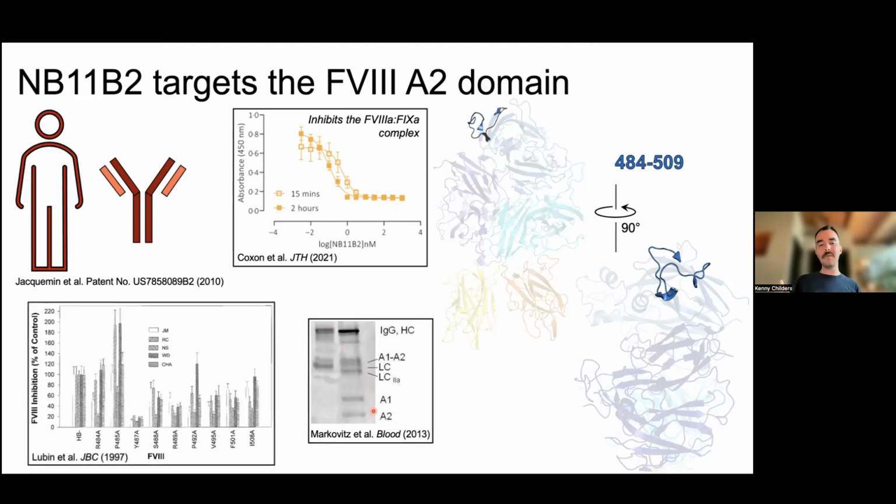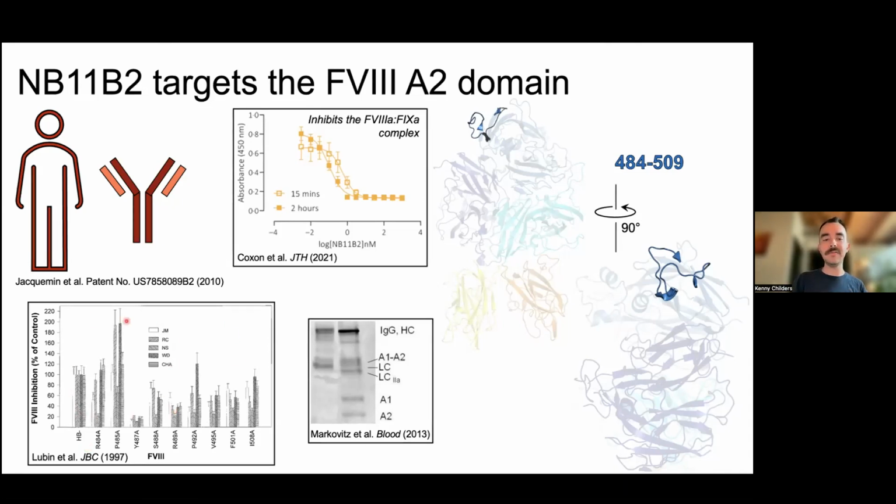And lastly, I'll just go over the general antibody response to the A2 domain. So what you're looking at here in this graph is from a paper that came out in the 90s. We're looking at 5 different patients and their immune response to the A2 domain. And on the x-axis, these are a bunch of different mutations that these researchers made to the A2 domain. They wanted to see what happens if we mutate this residue, how do the antibodies bind and inhibit factor VIII?